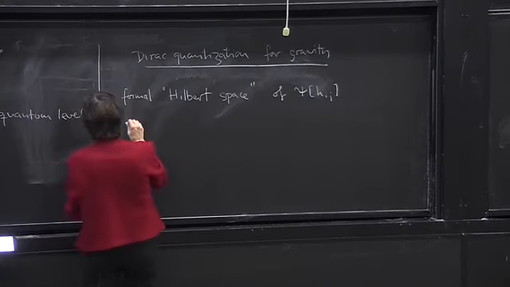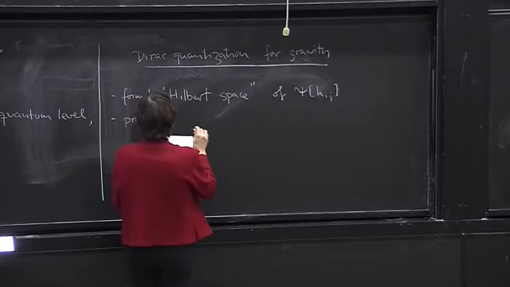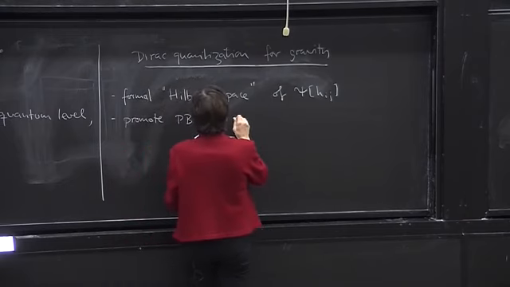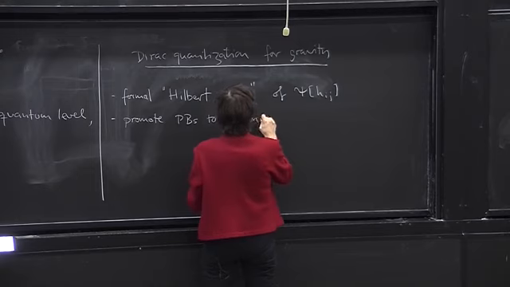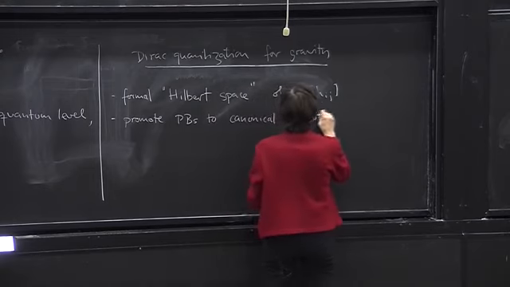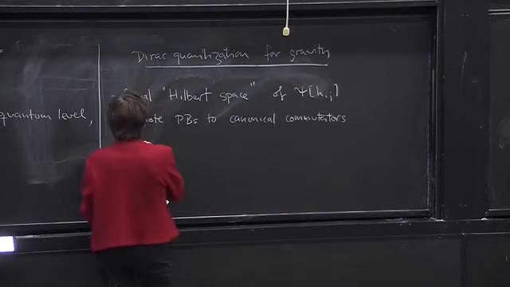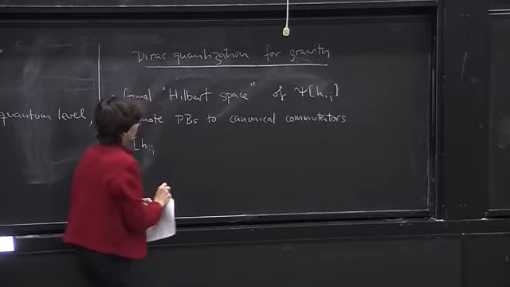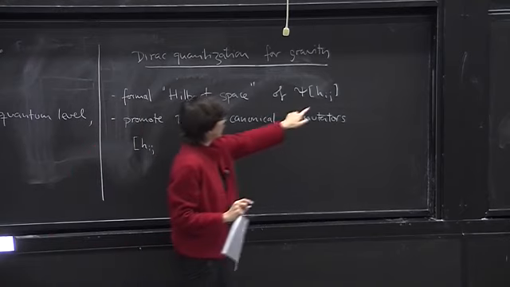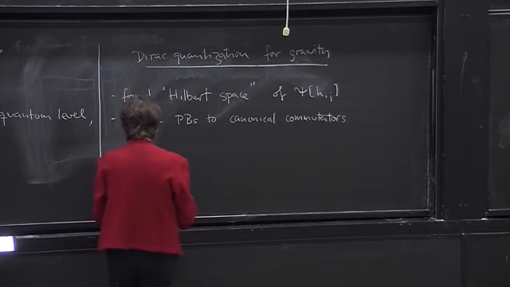So that's step number one. And then you just promote Poisson brackets to canonical commutators. I had written down the Poisson relations for the h_ij's and their canonical conjugates on the blackboard yesterday or the day before.